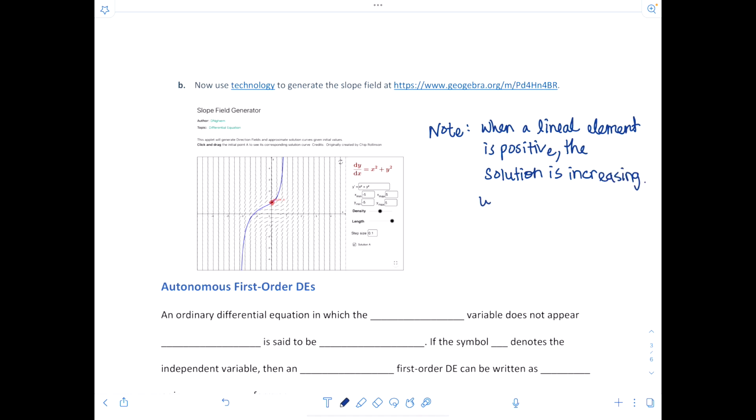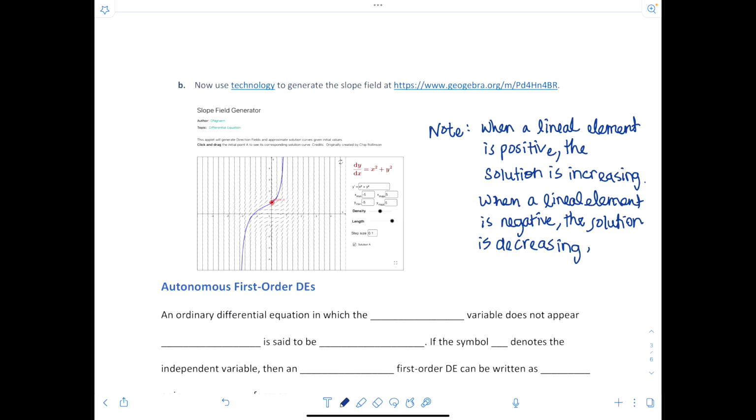And when a lineal element is negative, the solution is decreasing. So all of our lineal elements on our graph were going to be positive because both x and y are squared. So as you can see, all of these solutions are increasing.